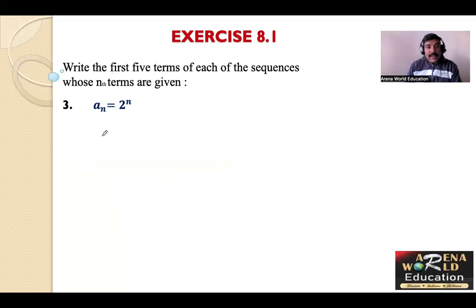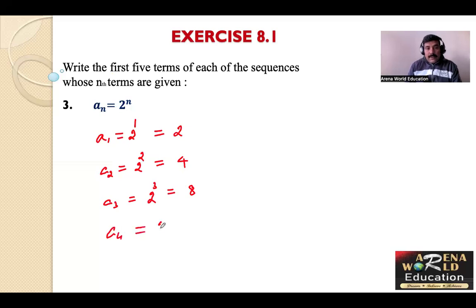So here A1 will be what? A1 will be 2 raised to power 1 and that is equal to 2. A2 will be 2 raised to power 2 and that is equal to 4. A3 will be 2 raised to power 3 and this will be equal to 8.